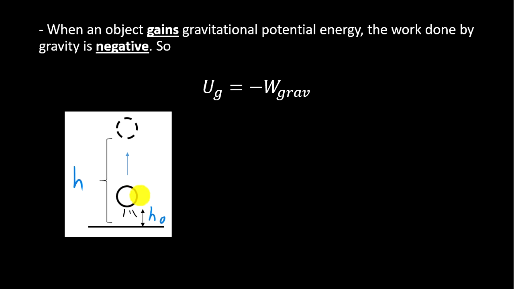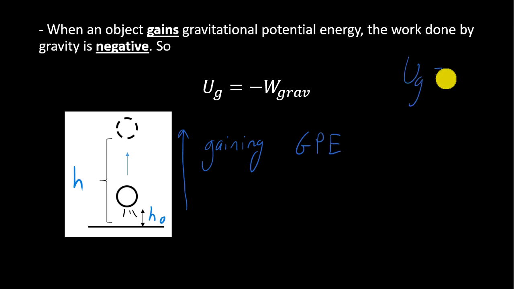I have kind of the opposite going on right here, where the ball is moving upwards. Imagine tossing a ball into the air. Well, as the ball's going upwards, it's gaining gravitational potential energy. Because remember, UG is mgh. It's gaining height. If it's gaining height, it's gaining gravitational potential energy. But the work being done is negative.